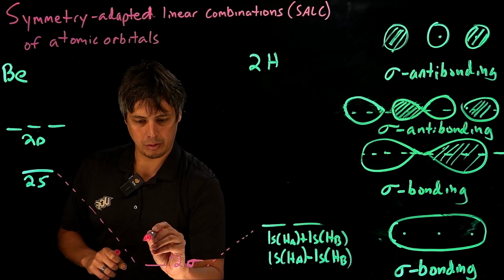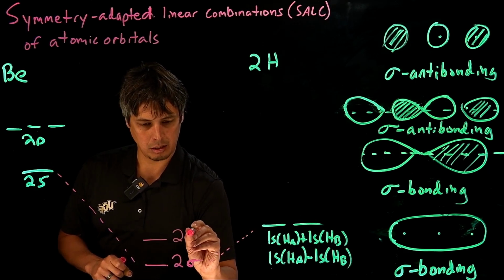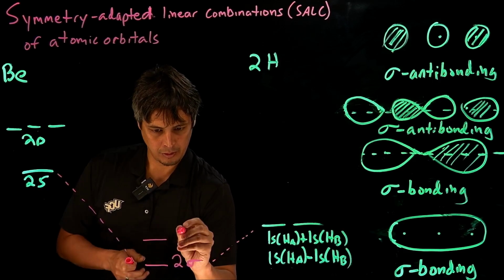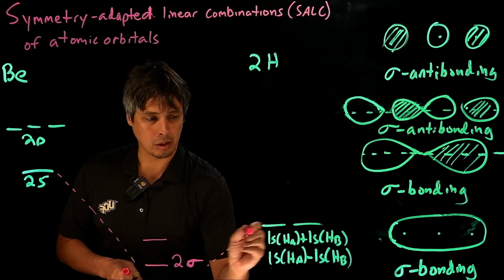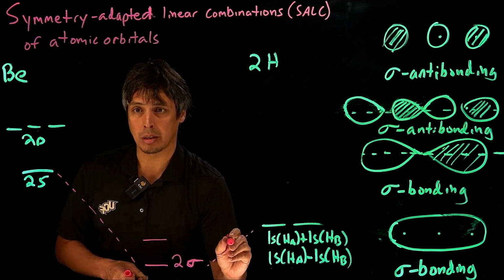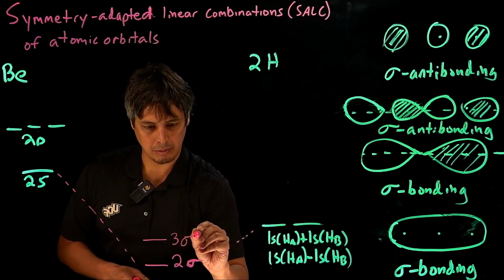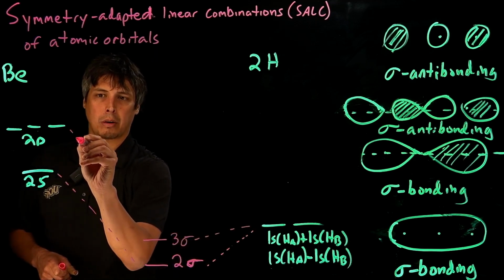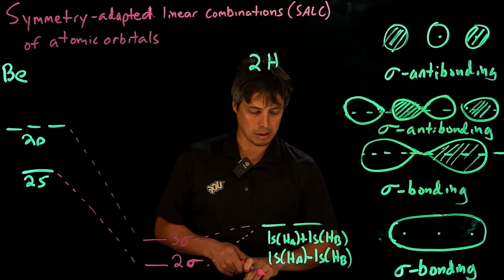And you'll notice this is slightly lower in energy than the energy of the orbitals it's derived from, the SALC in this case. Okay, and then we have a mark that goes like this, because it's derived from the 2pz.